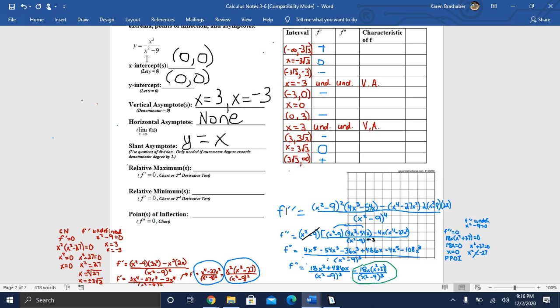If I take 18 times negative 100, and then take negative 100 squared, and then add 27, and then divide by my denominator, and my denominator is x squared minus 9, so negative 100 squared minus 9, all of that to the third power.